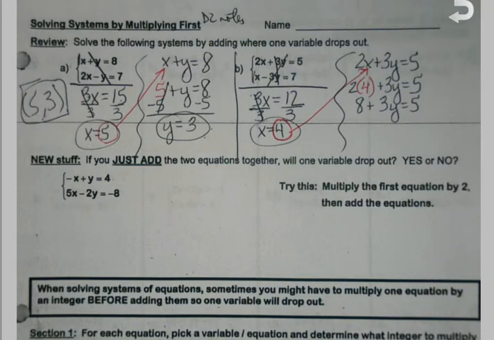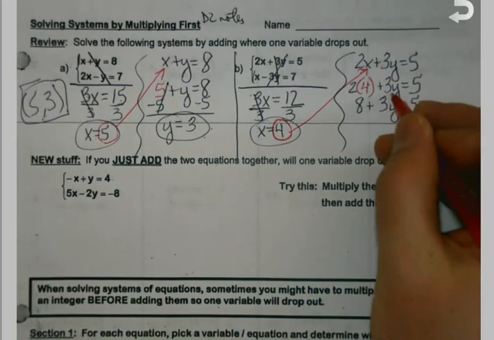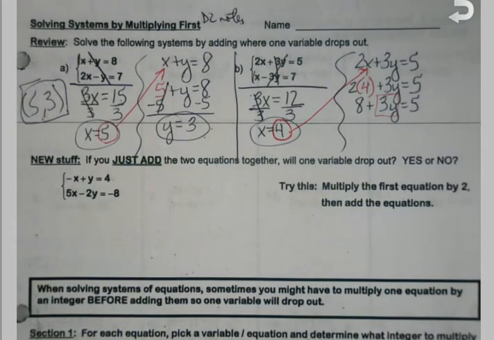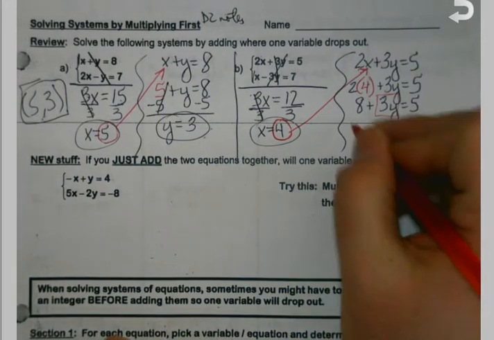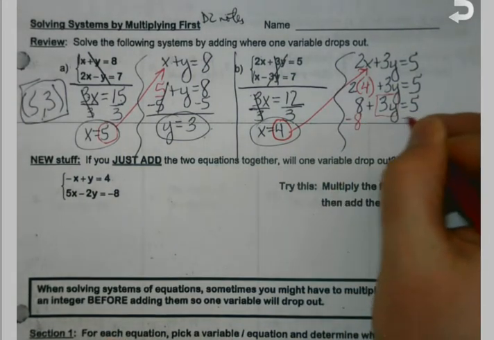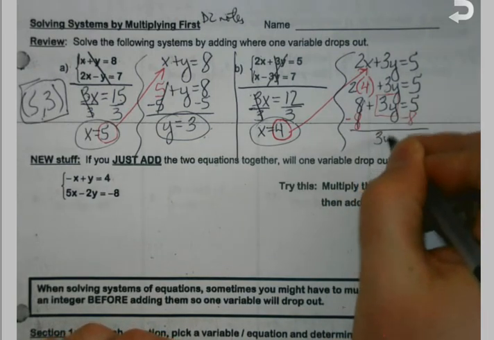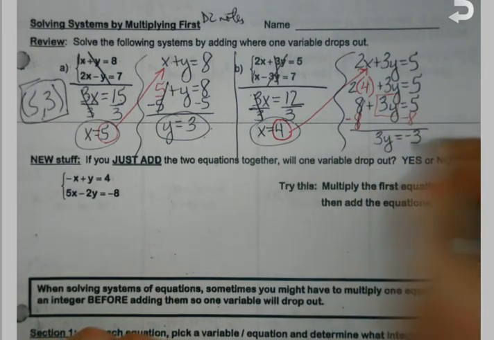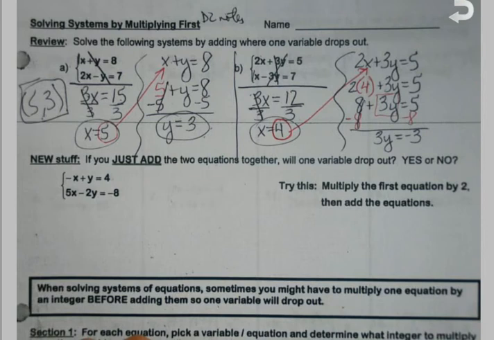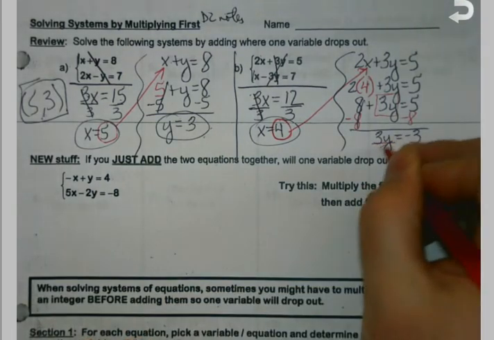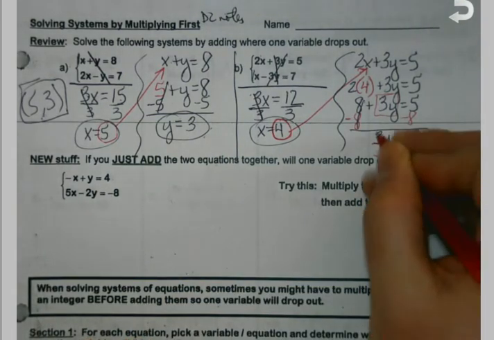Now this time it's not just going to be a one-stepper, because here I've got to figure out, get that 3y by itself first. So my positive 8 I'll minus over. And then divide by 3.